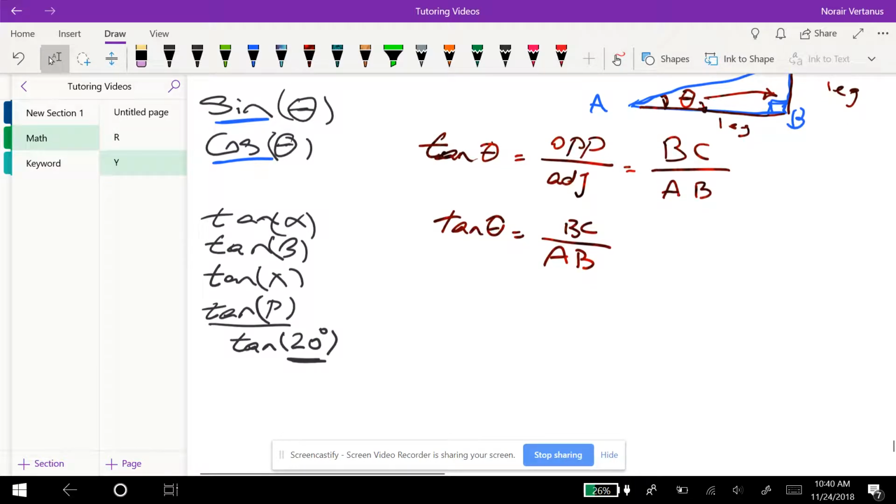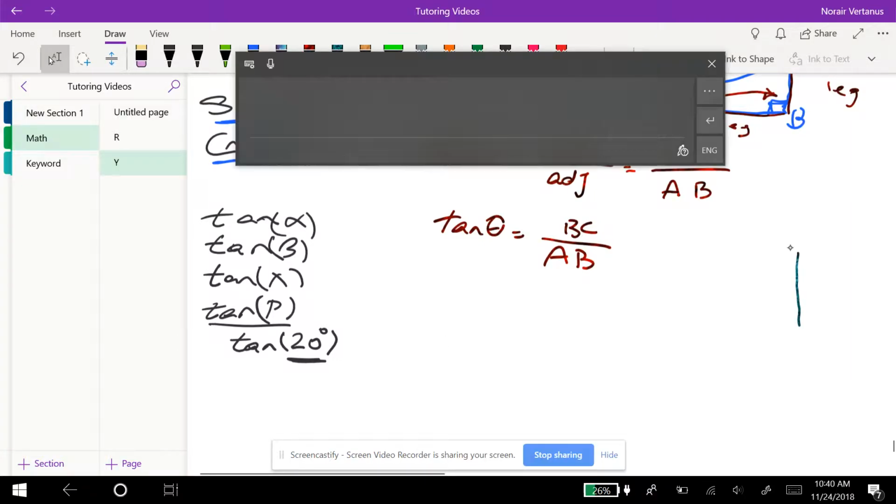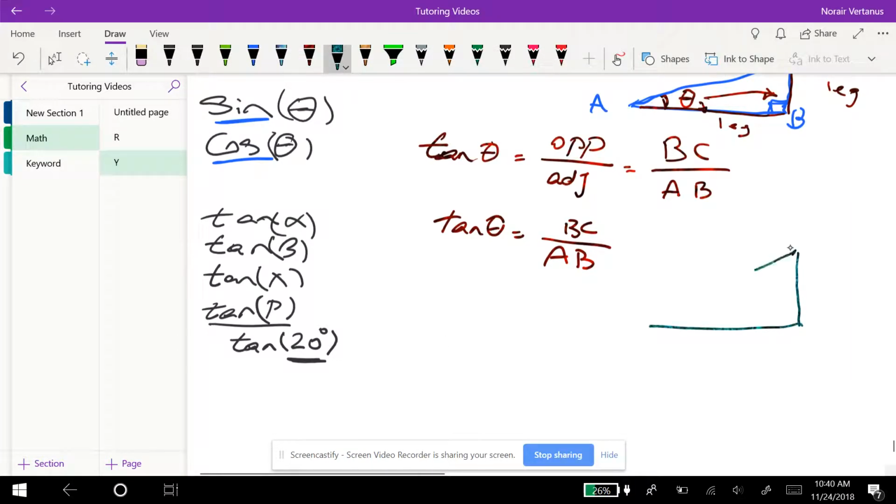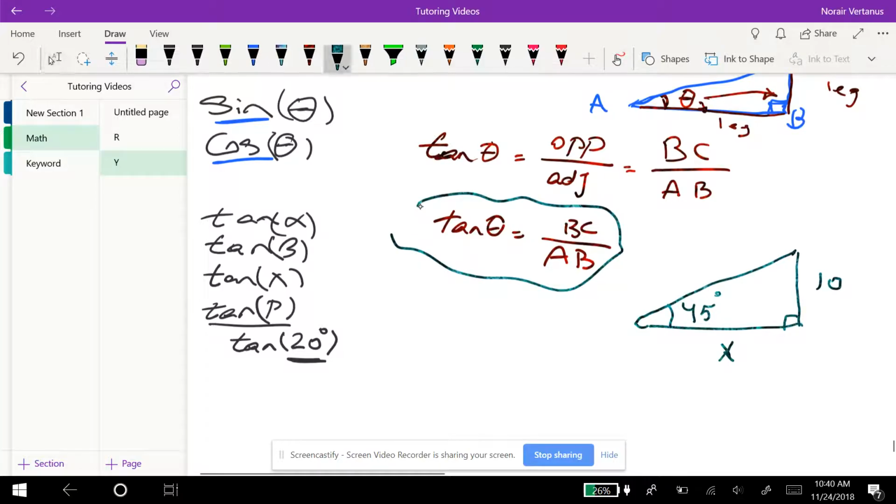Now, for example, let's say we have a triangle like this, and an angle is given. For example, this is 45 degrees, that's 90 degrees, and this side is 10. They ask how much this one is. X, unknown. So you set up this equation: opposite over adjacent.